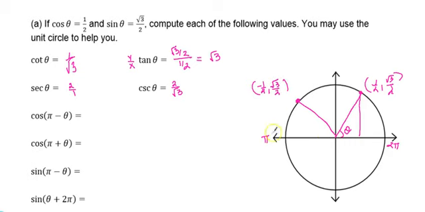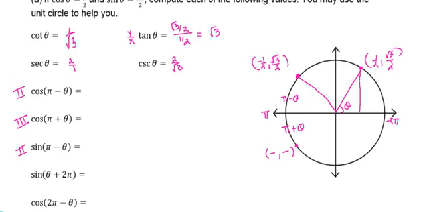This angle we call pi minus theta, so pi minus theta is in the second quadrant. In the third quadrant, both coordinates will be negative, and this will be pi plus theta. So pi plus theta is in the third quadrant, and pi minus theta is in the second quadrant.